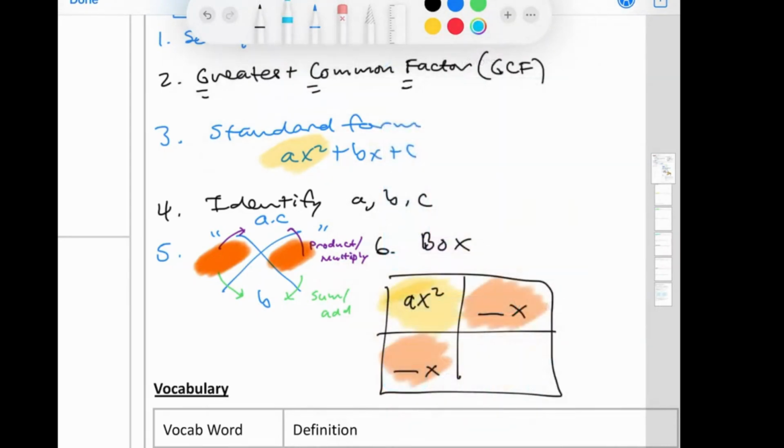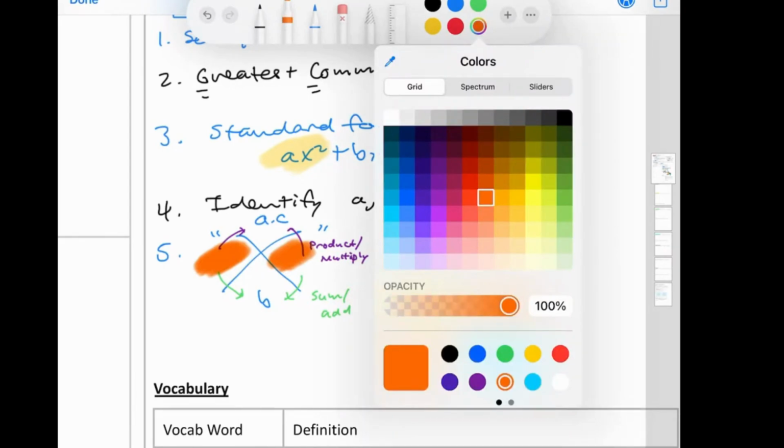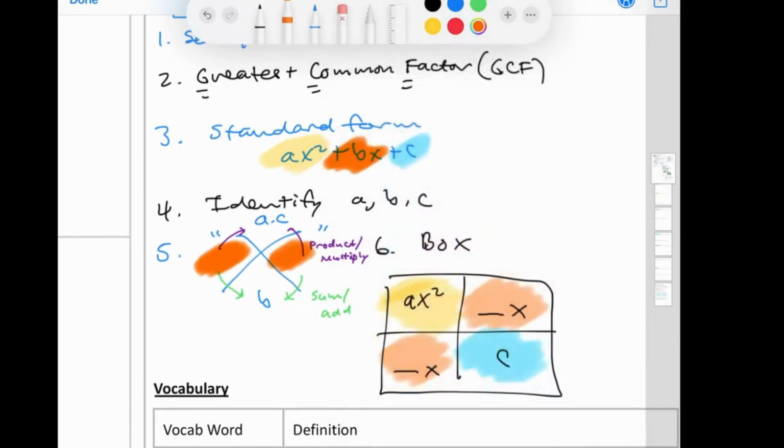And then you're always going to put your c value here in the bottom right. So if you go back to standard form, basically what you're doing there is you're taking these and putting them in here, and that's how you're going to fill out your box.